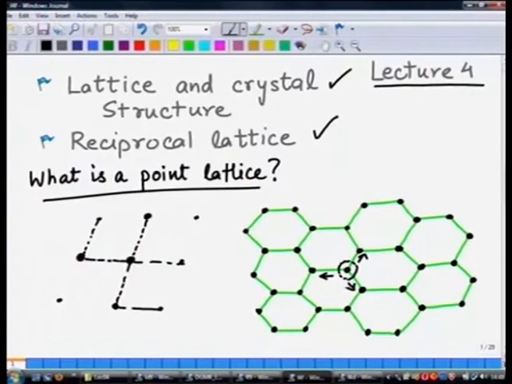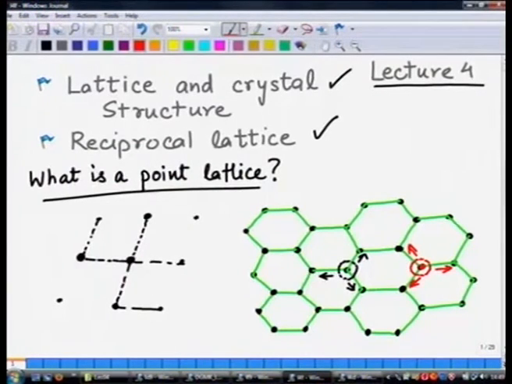But if you stand somewhere else, at another point, what do you see? In this case, there is a lattice point in this direction, and a lattice point in this direction. Clearly, this red lattice point has a different environment from the lattice point which is black in color. So, clearly you can see that this cannot be a point lattice, though it is a regular arrangement of points.